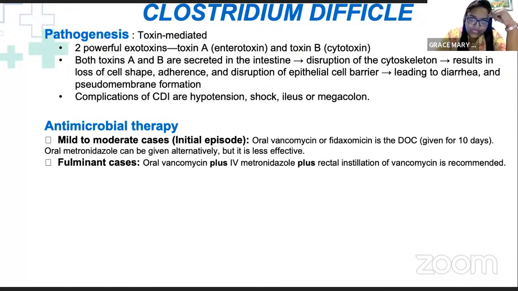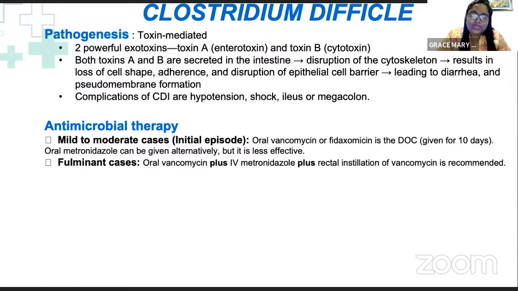Now, how do you give a rectal instillation of vancomycin? Either you can take the vancomycin capsule, or the easiest thing that I have seen is to use the vancomycin IV vial, the formulation for parenteral use.